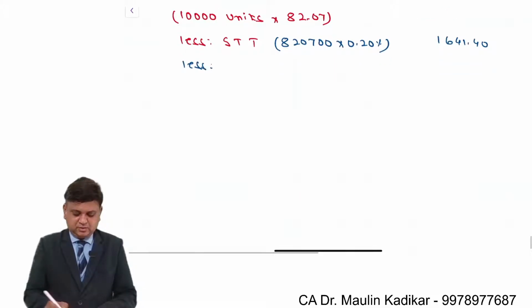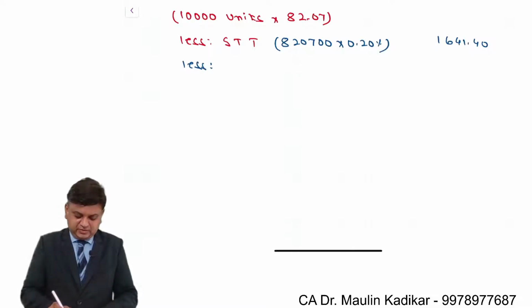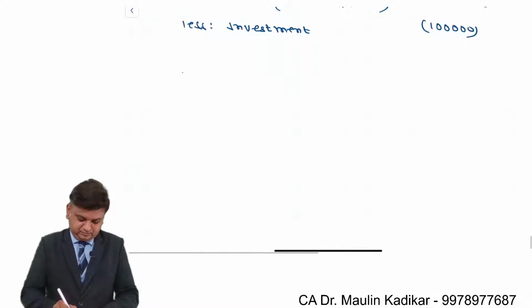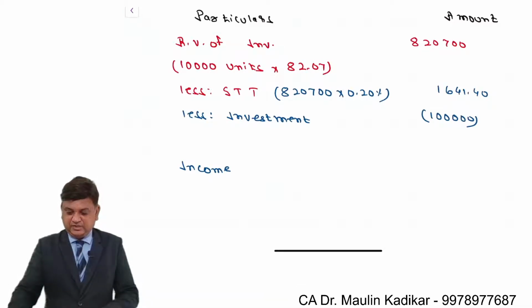Less: no short-term capital gain tax payment, so directly the investment. The amount of the investment that we made initially was 1 lakh. So now we will get the income. So it is 820,700 minus 1,641.40 minus 1 lakh.